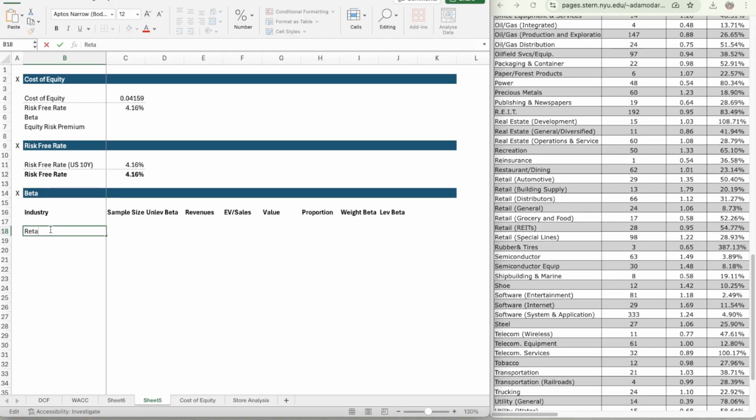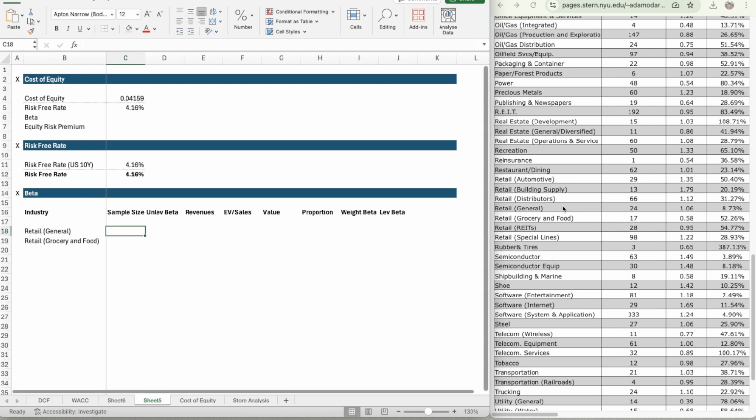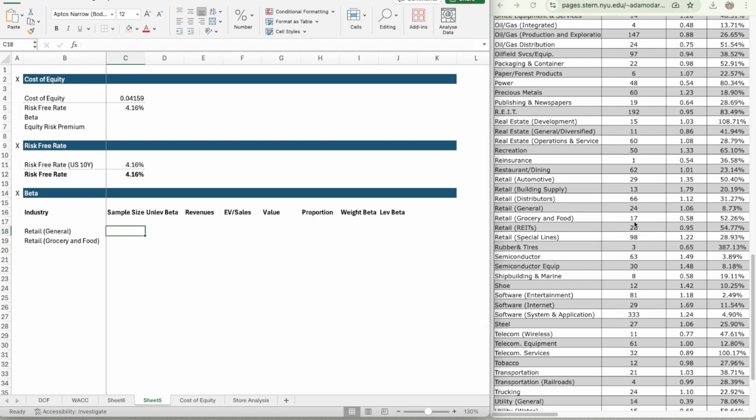So we'll put those in. We go retail general and retail grocery and food.